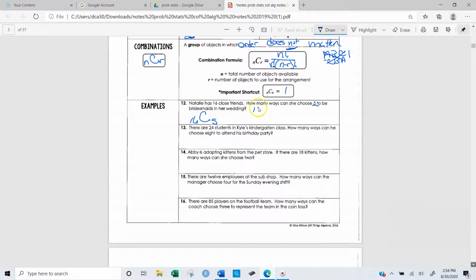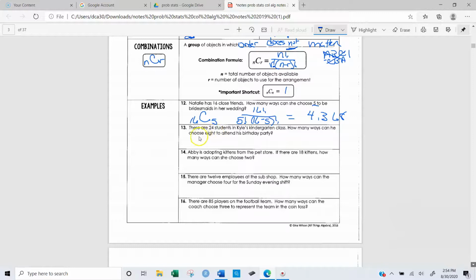We put 16 factorial on the top, 16 minus 5 factorial on the bottom, and then I have to get rid of all the duplicates, which is the 5 factorial. When you plug that into your calculator, you should get 4,368 different combinations that she can choose from 16 friends.